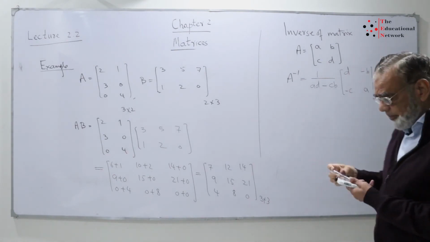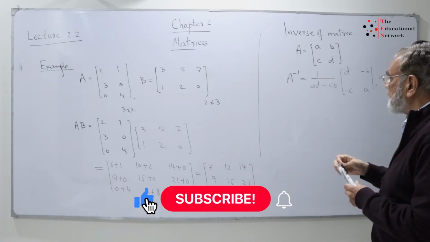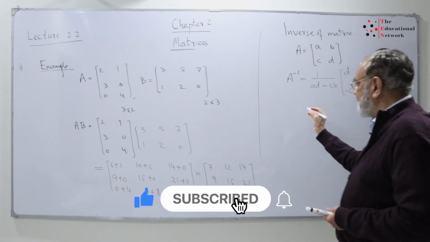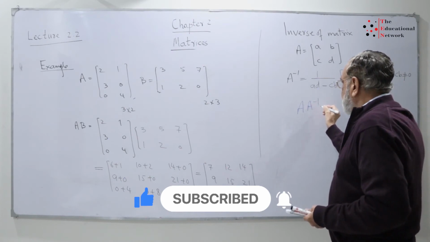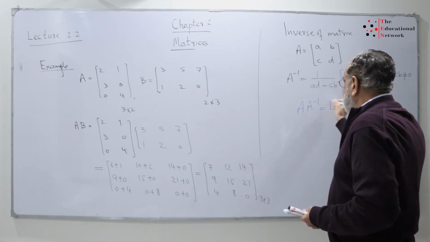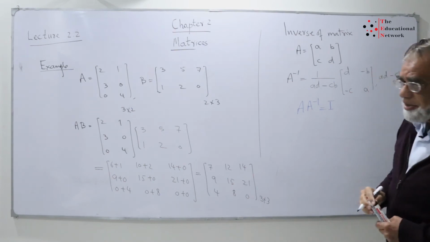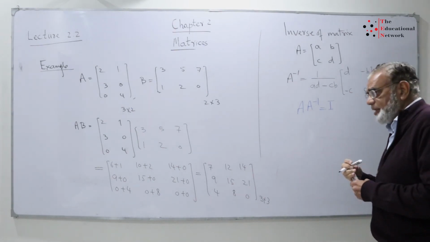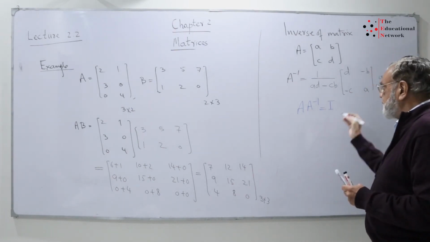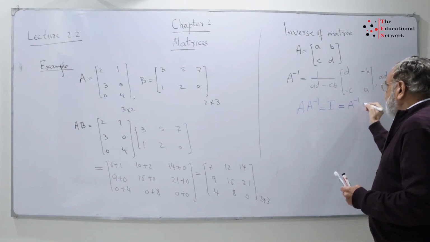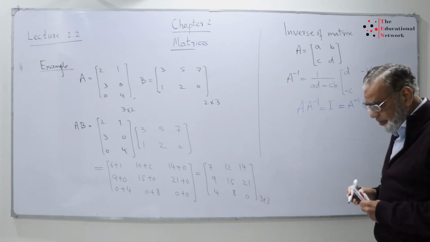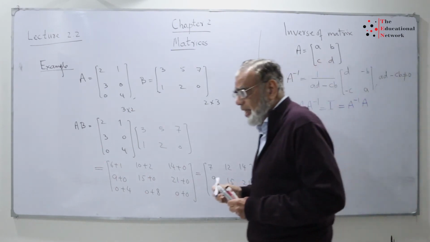So we have a property of the inverse: when we multiply A with A inverse, we get the identity matrix. The order of multiplication is important, right and left, but here it is the same. For the inverse, whether we multiply from the left or from the right, we must get the identity matrix.